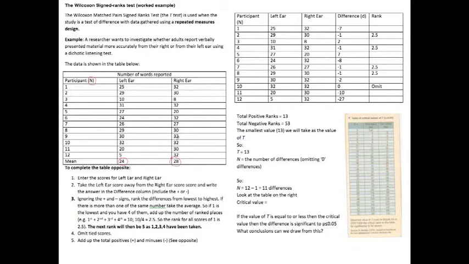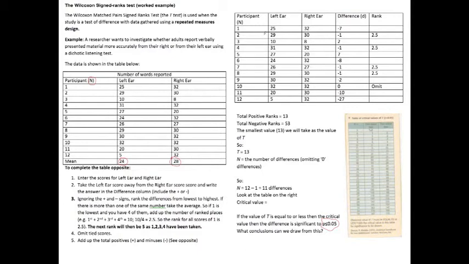We have to do a little bit of statistical analysis in order to work out whether our results are going to be significant to this level down here: P less than or equal to 0.05. These are instructions on how to carry it out, but I'll go through it now.